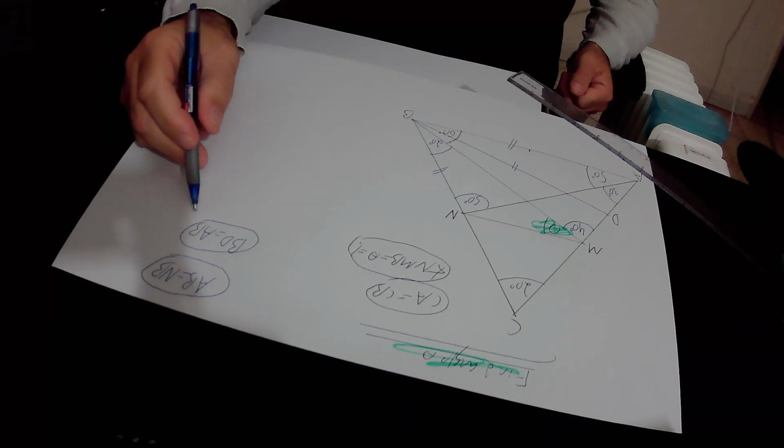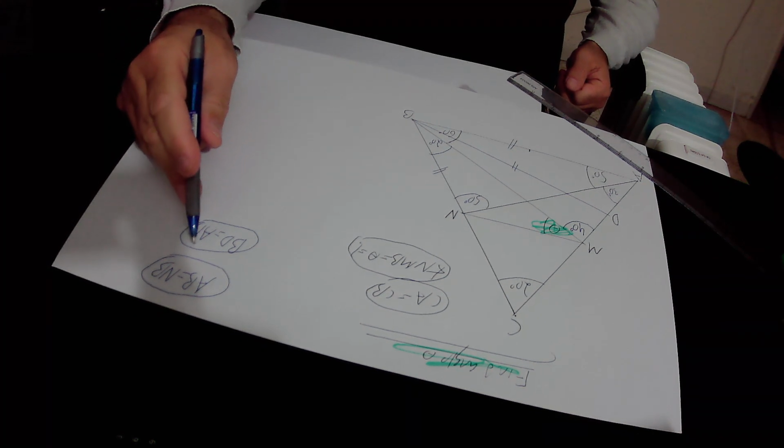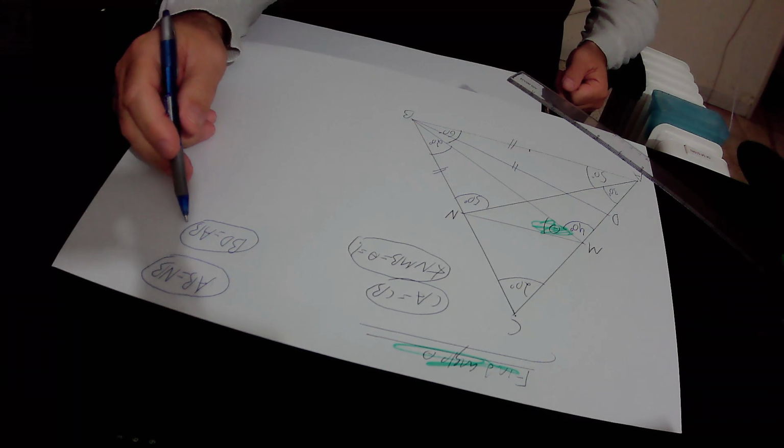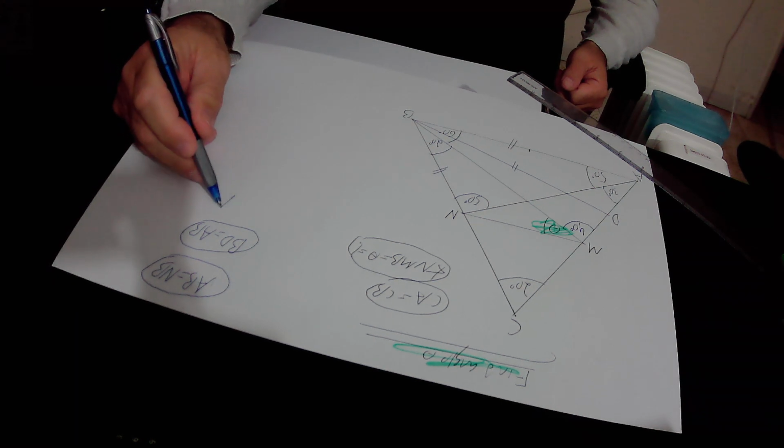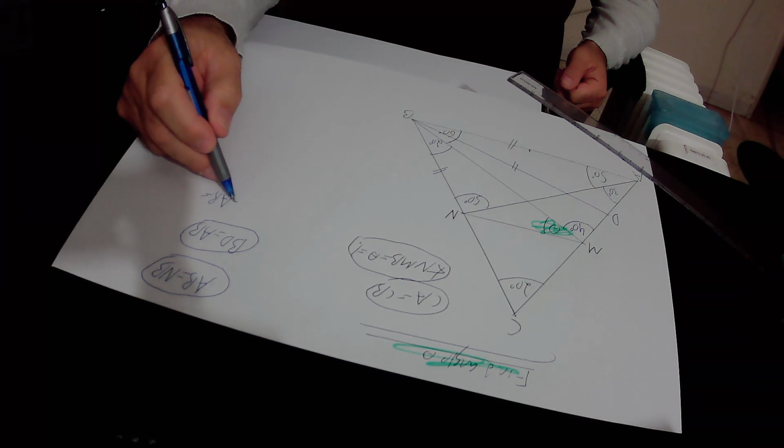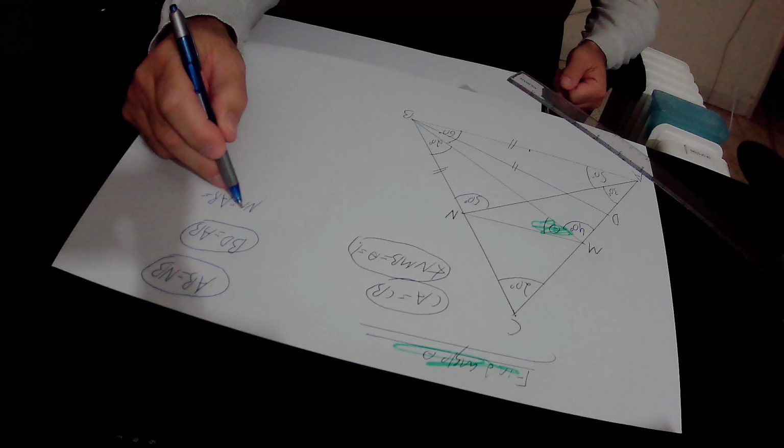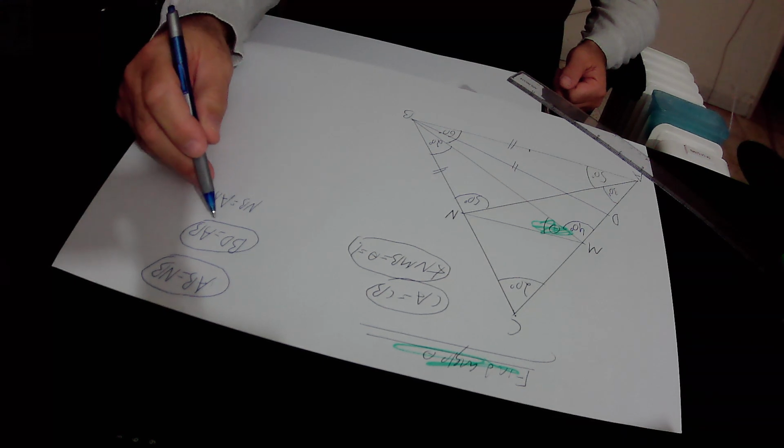So here we have side AB from one side, it is equal to side MB, according to this equation. From the other side, side AB also equals BD.